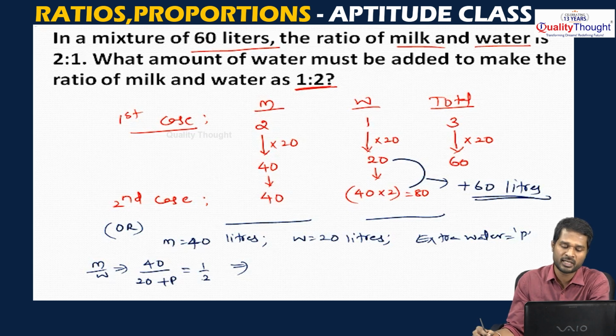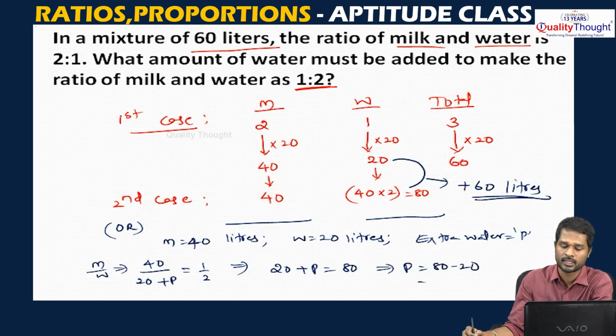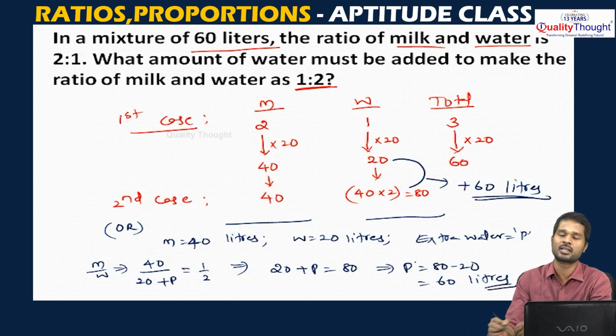So this is 20 plus P into 1, that is 20 plus P. 40 into 2 is 80. So the value of P will be 80 minus 20, that is 60 liters. So we need to add extra 60 liters of water so that the ratio of milk and water in the solution will become 1:2. You can use any method.